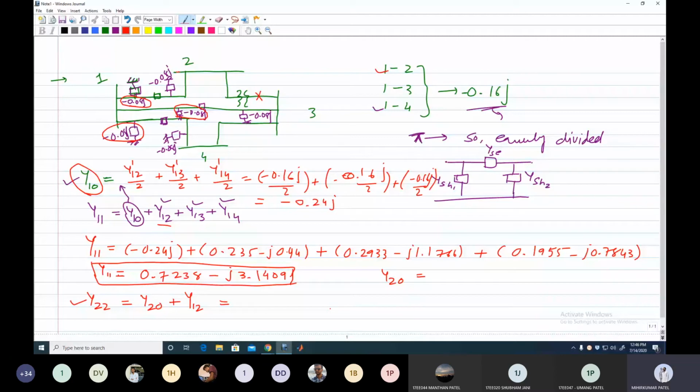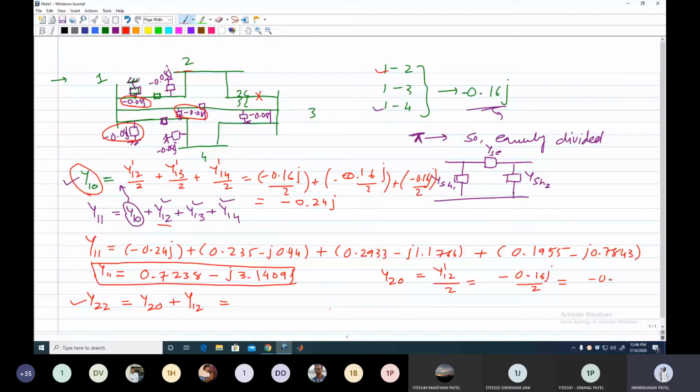If you want to write it in equation form, it is Y12 dash by 2, which is minus j 0.16 by 2, that is 0.08 j.